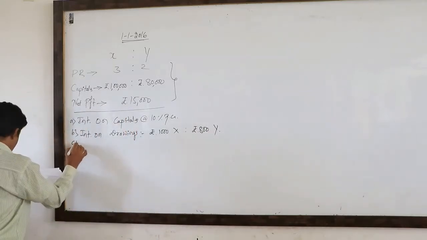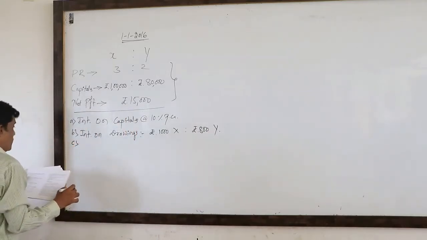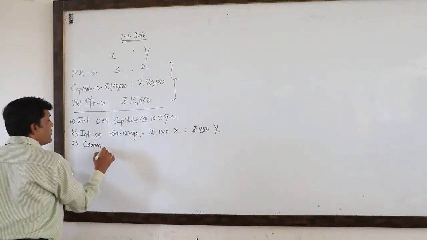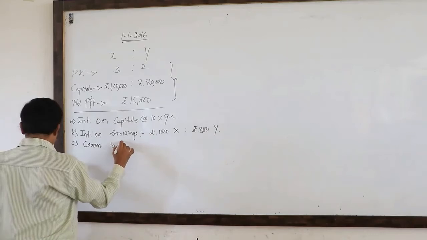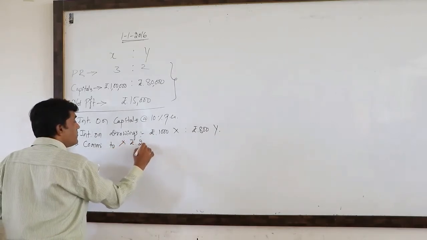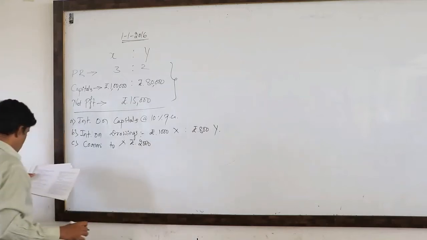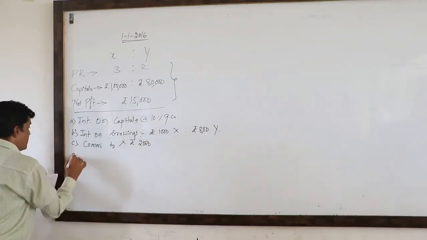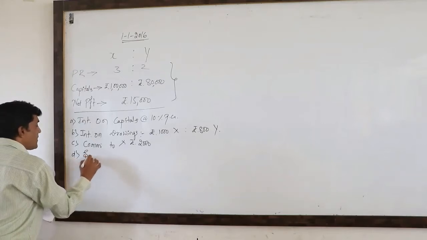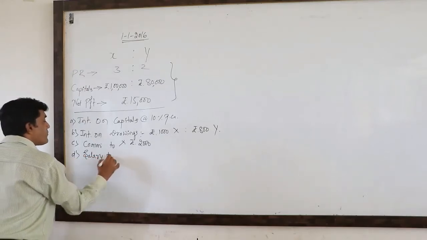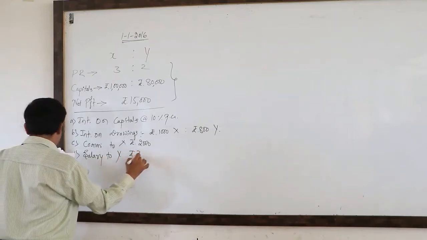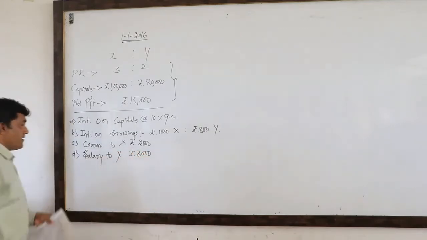Point number C, commission payable to X, rupees 2,000. Last adjustment, salary payable to Y, rupees 3,000.